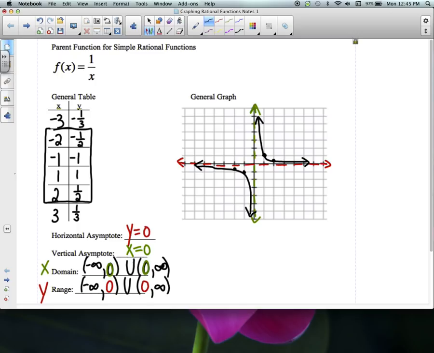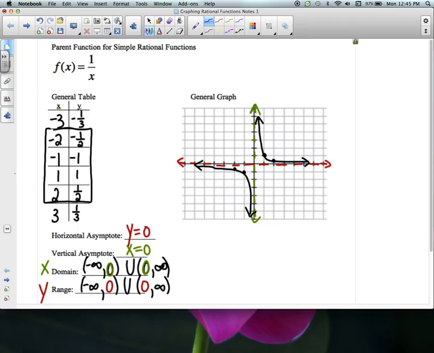Now, when we do translations, that obviously is going to change a little bit. You might not have the exact same domain and range, but just realize that the domain is going to come from the change in your vertical asymptote. The range is going to come from the change in your horizontal asymptote. I'm not saying you have to memorize these domain and range starting points, but it is good to know kind of what it looks like, because it'll be similar every time.